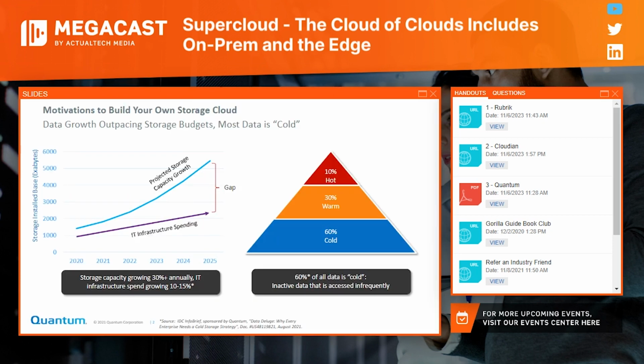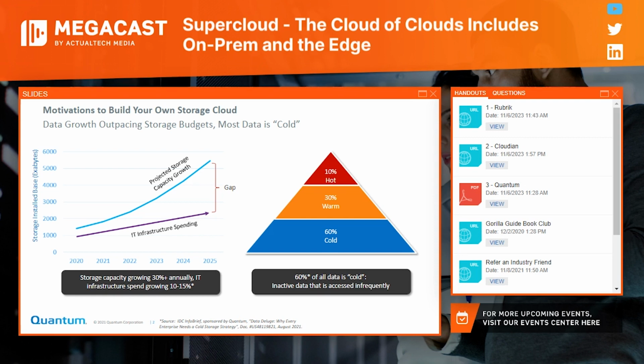One of the things I would encourage people to think about is their motivations to build their own storage cloud. Data growth, of course, continues to outpace storage budgets.